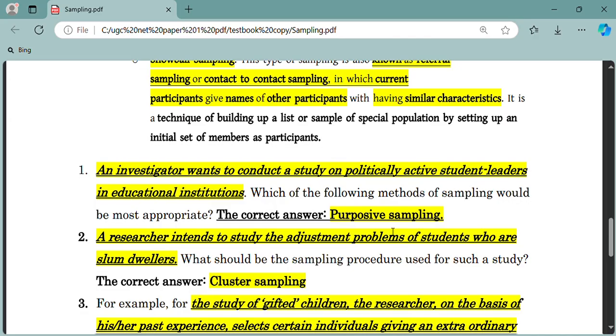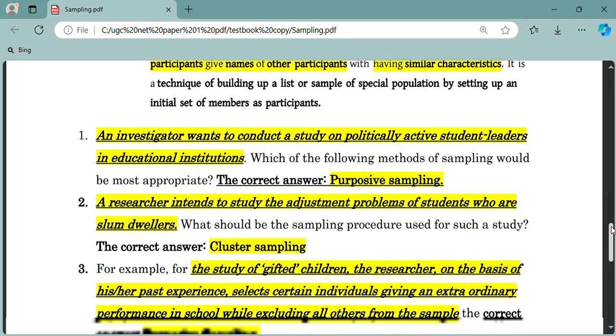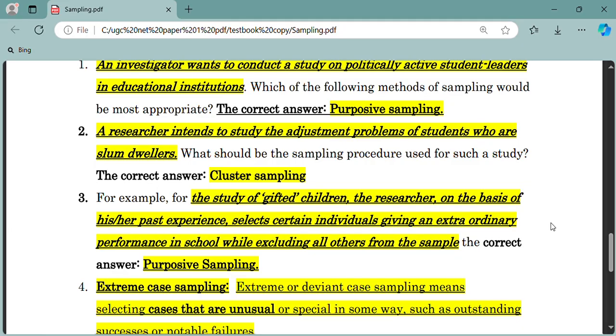And number three, in a study of gifted children, the researcher on the basis of his or her past experience selects certain individuals giving an extraordinary performance in school while excluding all others from the sample.